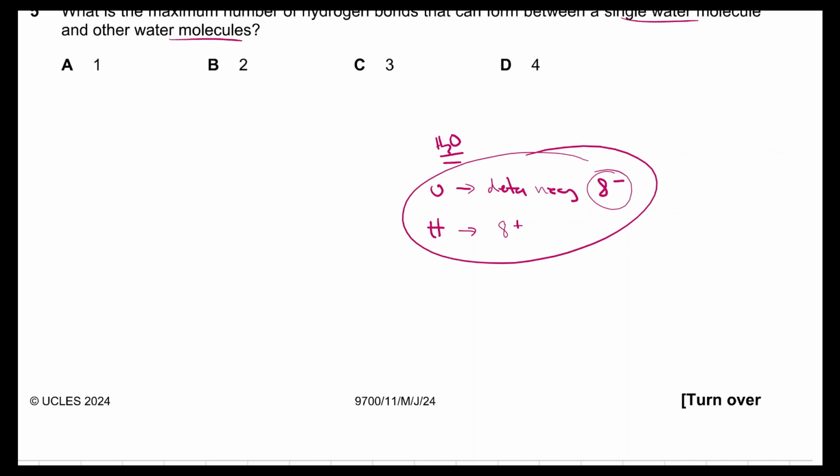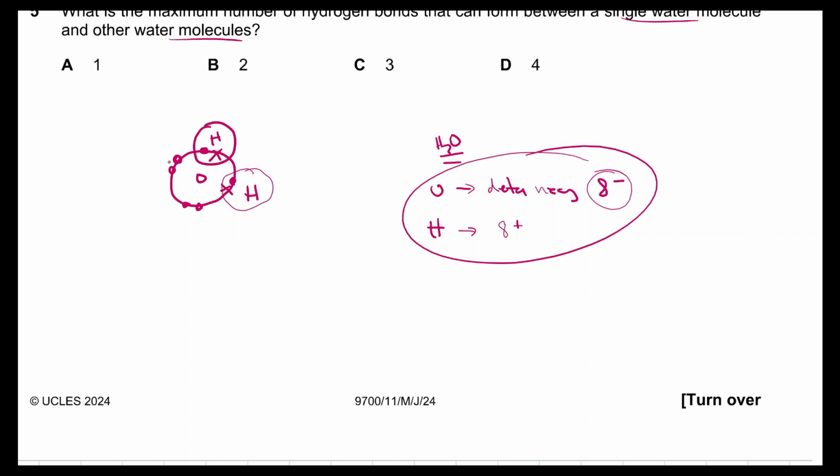Now, let's explain this scientifically by drawing a diagram. As we all know, oxygen has an outer shell of 6 electrons. Now, this forms a covalent bond with a hydrogen and another covalent bond with another hydrogen.